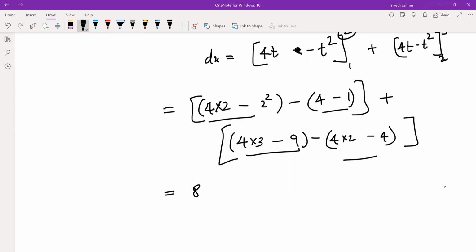So 4 twos are 8 minus 4, this will give you 4. Then 8 minus 4 is 4, minus 3. Plus 4 threes are 12, 12 minus 9, 3. Minus 4 twos are 8 minus 4, 4.